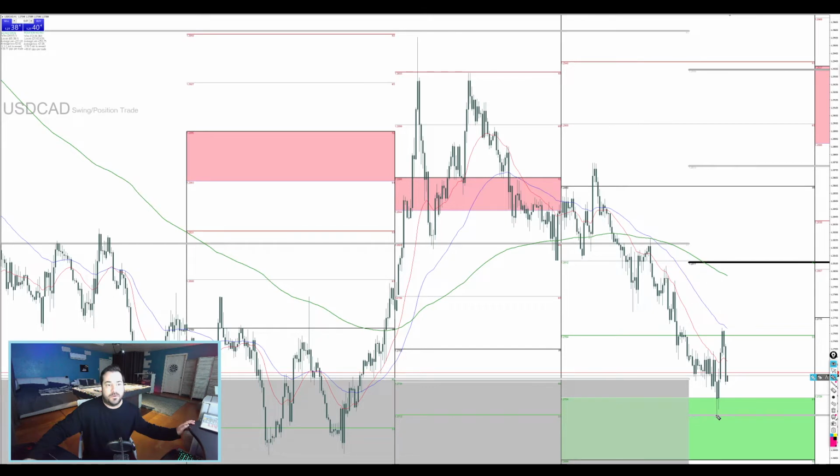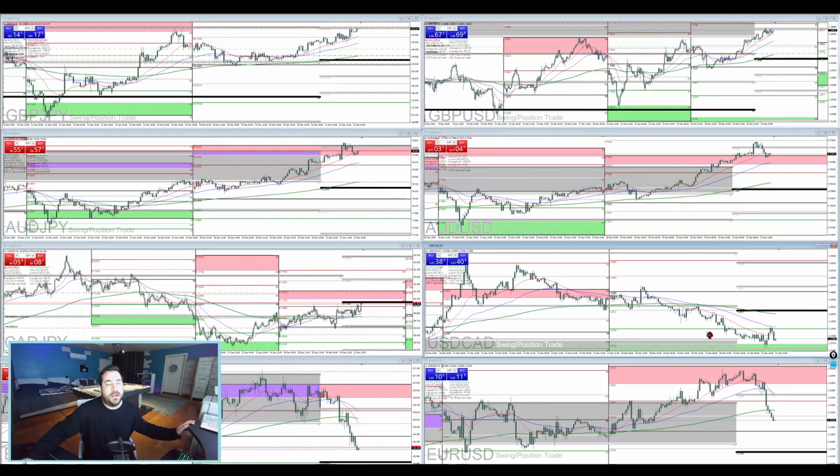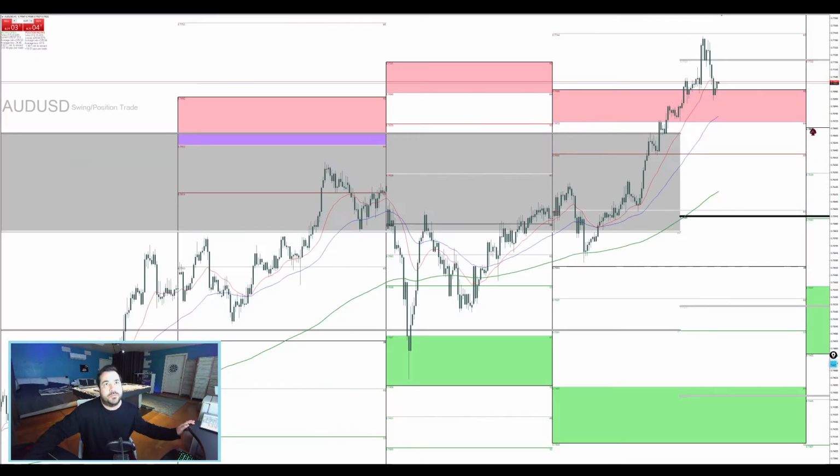So yeah, we wicked right at the M2 monthly, and we have the M2 weekly right here. So it is responding to those levels. Okay. Let's get into my Australian US dollar, which is eligible as well. We're pretty close to the M3. Right, here's my M3. Okay.